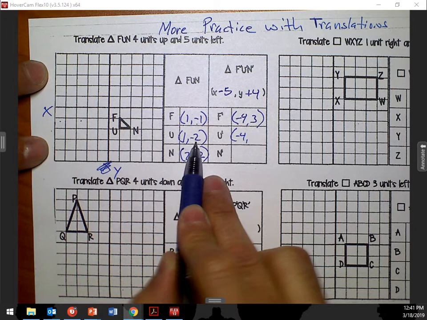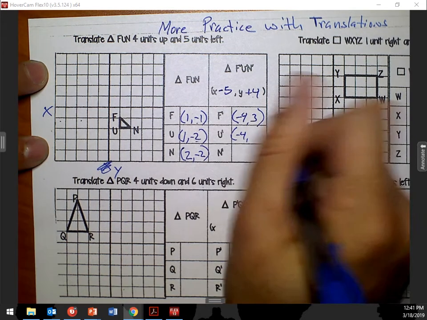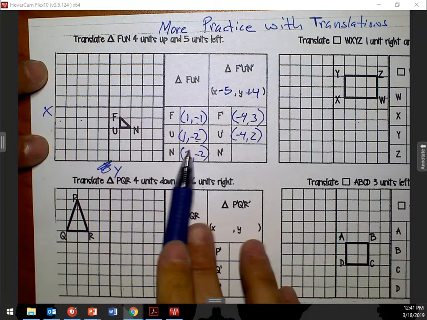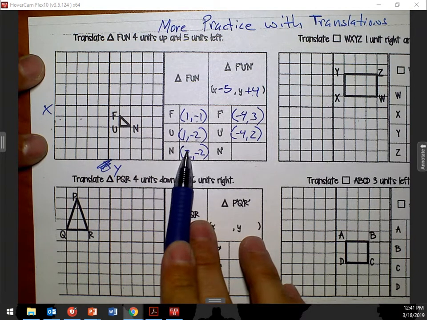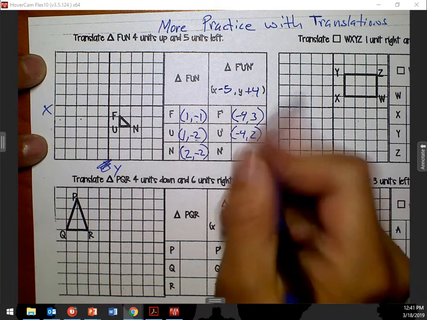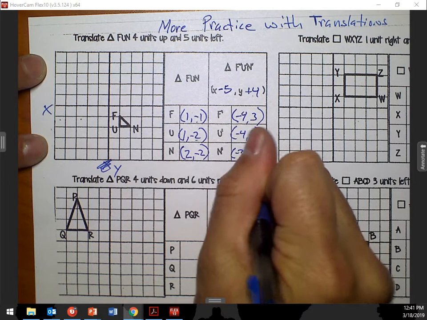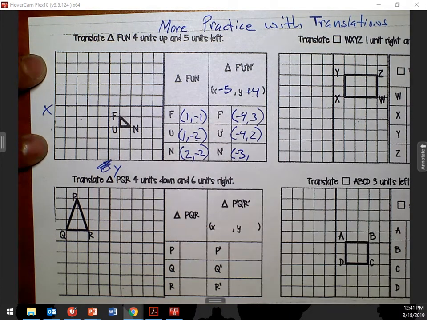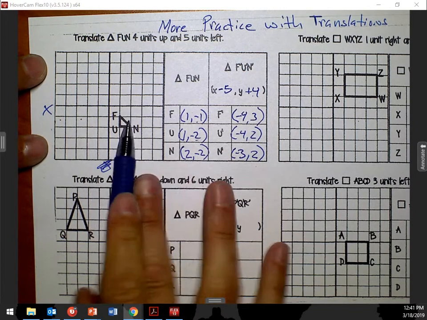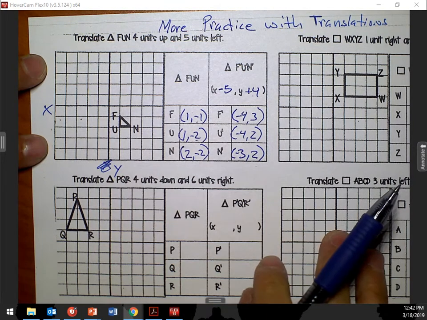And -2 plus 4? 2. Are we tracking here? Okay, so again, 2 minus 5 is -3, and -2 plus 4? 2. Very good.